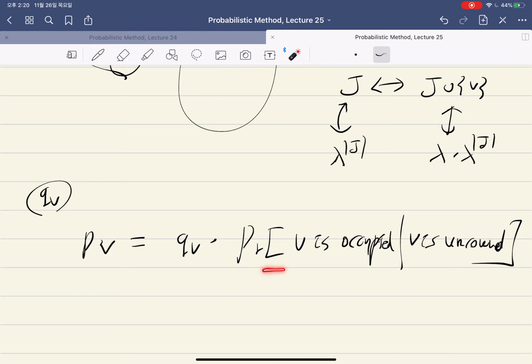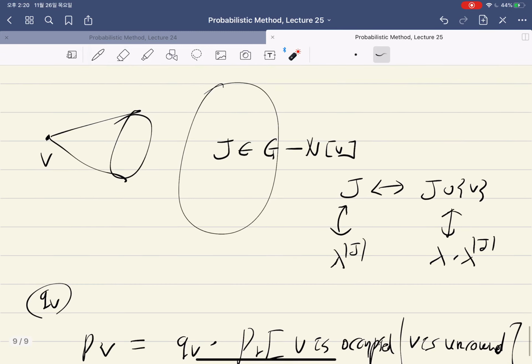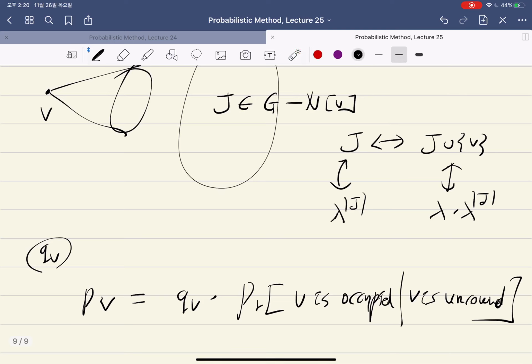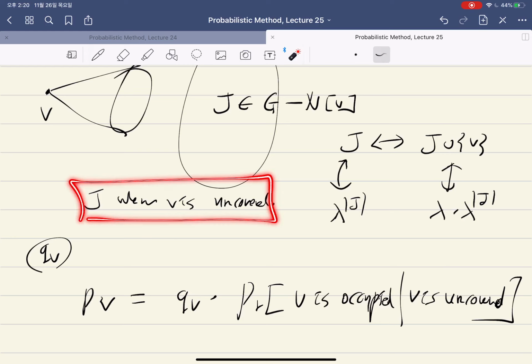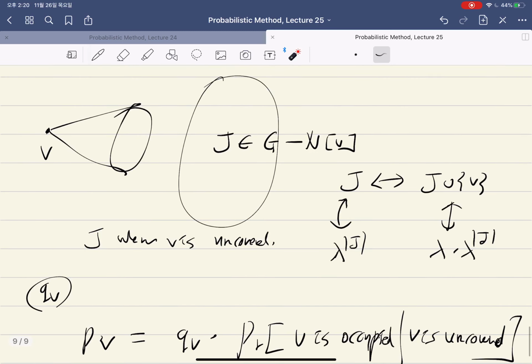Then what's the probability here? So we consider all independent sets J where B is uncovered. Then those independent sets have two types: either an independent set which doesn't contain B or one which does contain B. But we can pair them up.